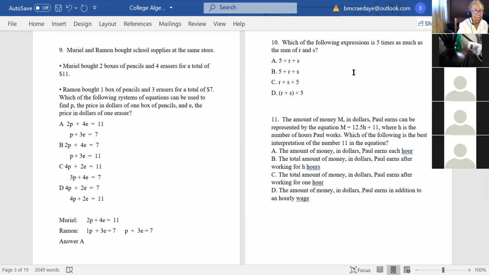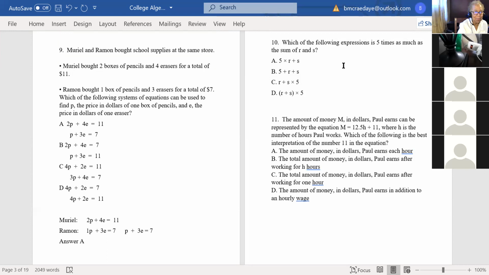Okay, we are at number 10. Which of the following expressions is 5 times as much as the sum of R and S? Which one, Audrey? C. Which one would you say, Latoya?